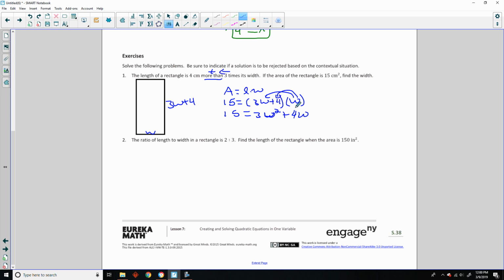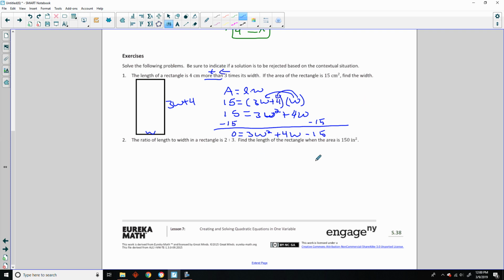Now we have a quadratic. This is the quadratic term, this is the linear term, but we have a 15 over here. We need it to equal 0, so we subtract 15 and get our constant. So this leaves us with 0 equals 3W squared plus 4W minus 15.